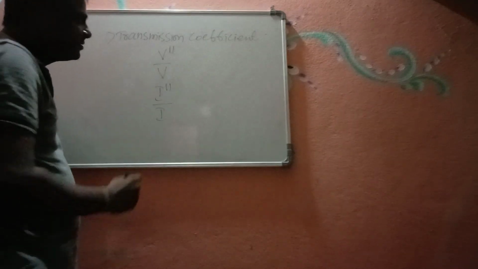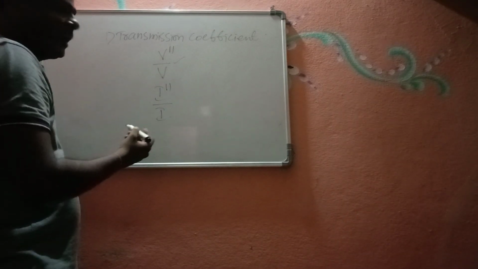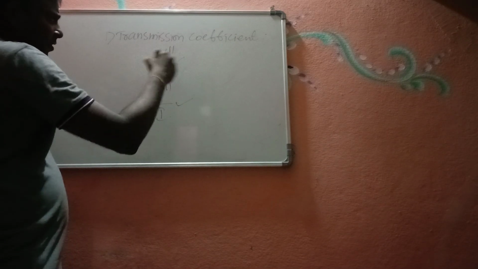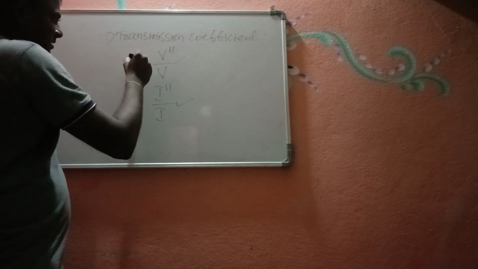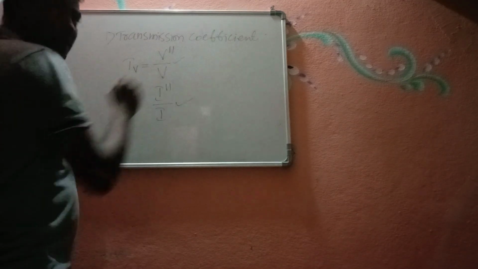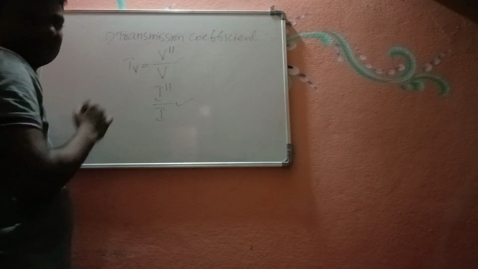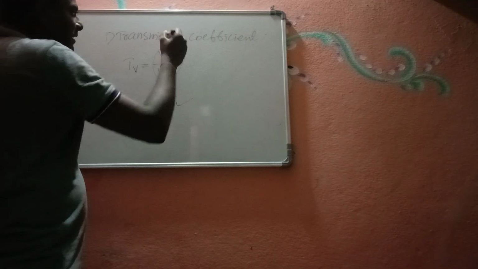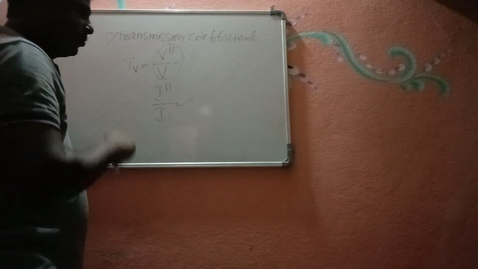So we have 2 types of transmission coefficients. One is for voltage and another one is for current. I give the symbol for this coefficient, which is TV. TV is nothing but the transmission coefficient for voltage. It is the ratio of transmitted voltage to the incident voltage.